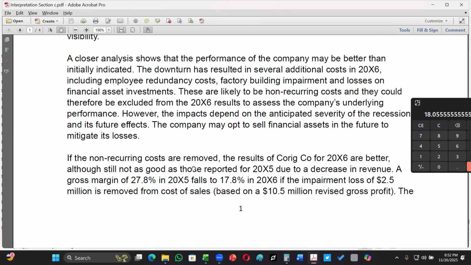If the non-recurring costs are removed, like if we make a comparison and take away the impairment cost and the other cost, then we could say that we have converted this into a profit.